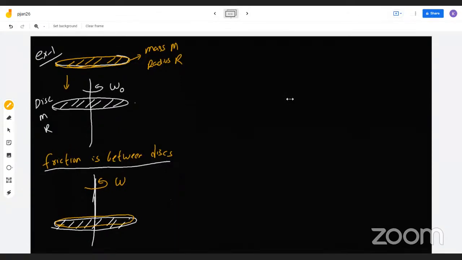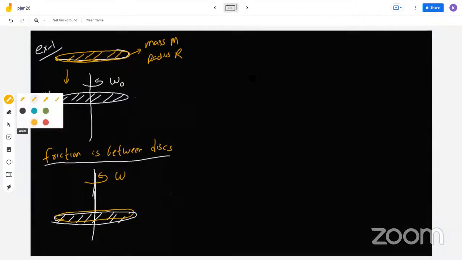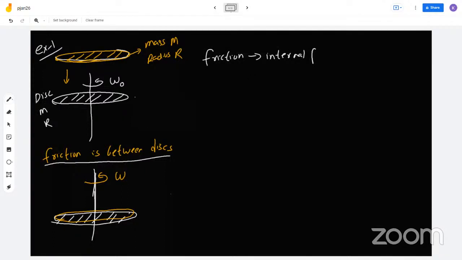Before applying it, what do you have to ensure? Torque is 0. So look, the friction force between them becomes an internal force, and they act in opposite directions.